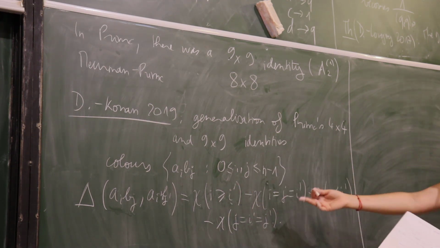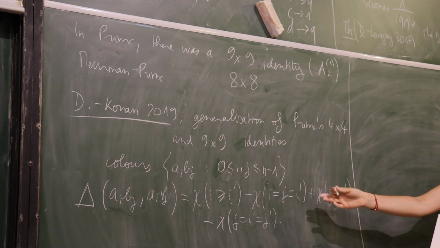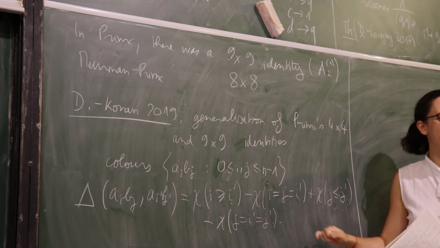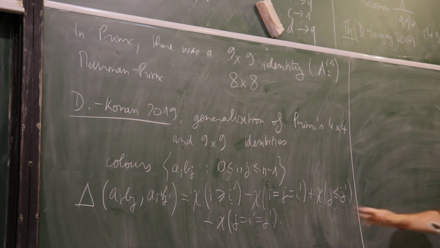It's not really simple, but if you had seen the 9x9 matrix, you would be happy to have that instead. And it's also nice that it works for all n.